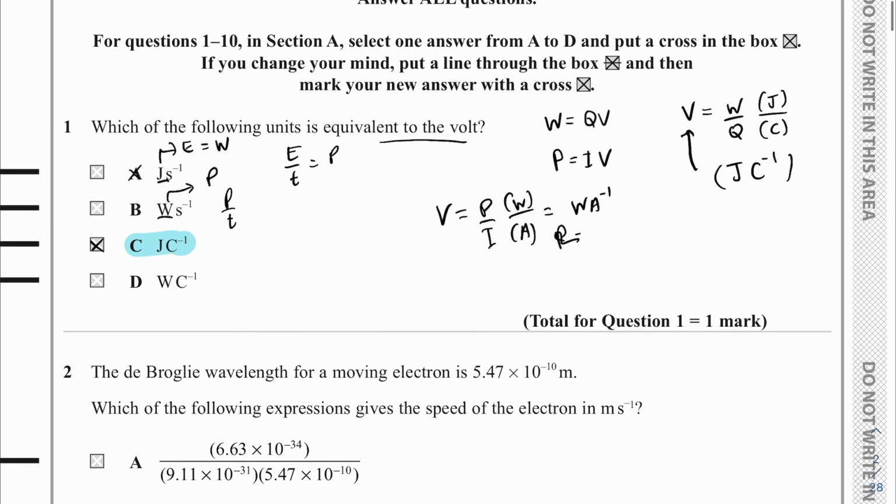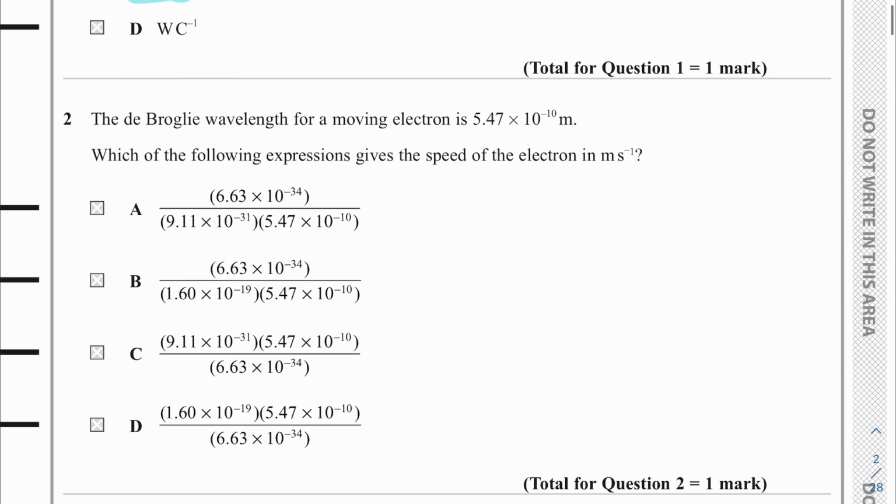Question number 2. The de Broglie wavelength for a moving electron is 5.47 times 10 to the power minus 10 meters. Which of the following expressions gives the speed of the electrons in meters per second? So the equation for de Broglie wavelength is lambda equals Planck's constant over the momentum.